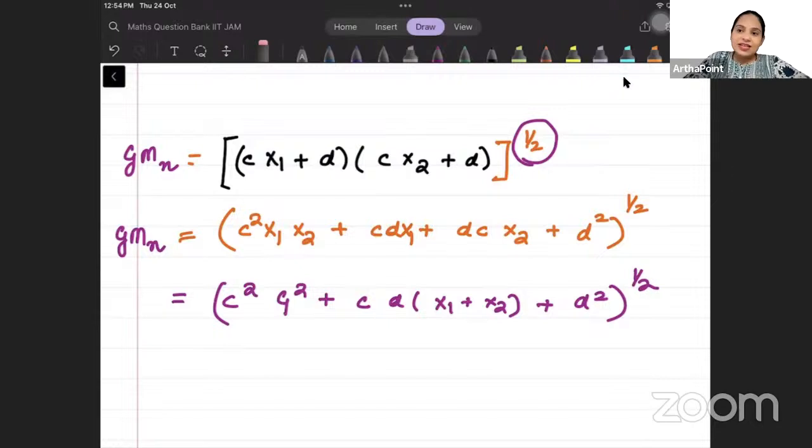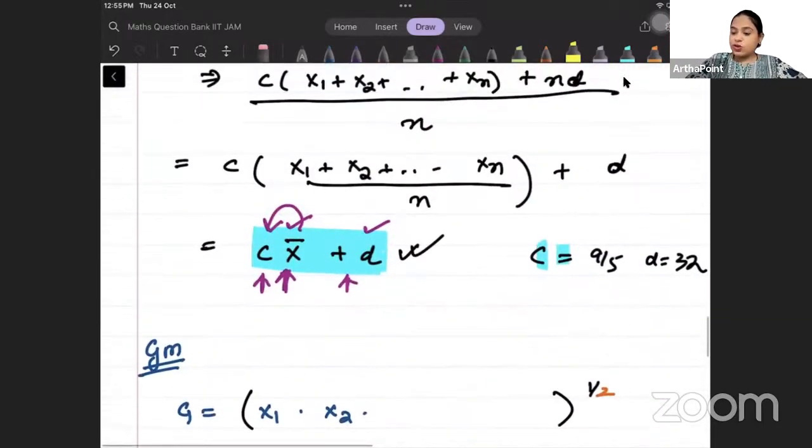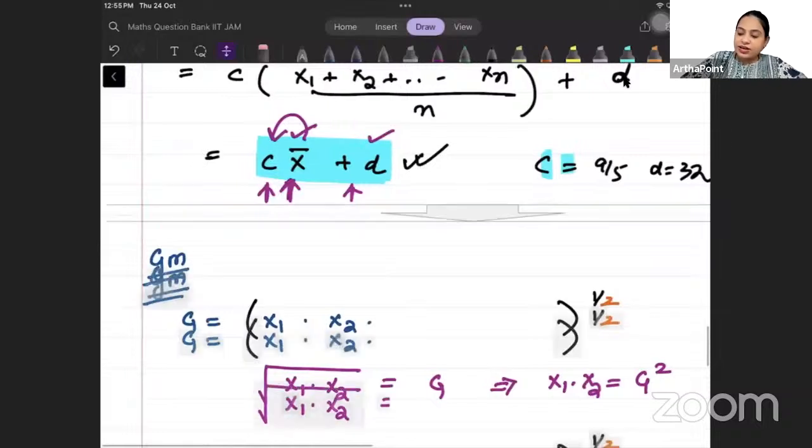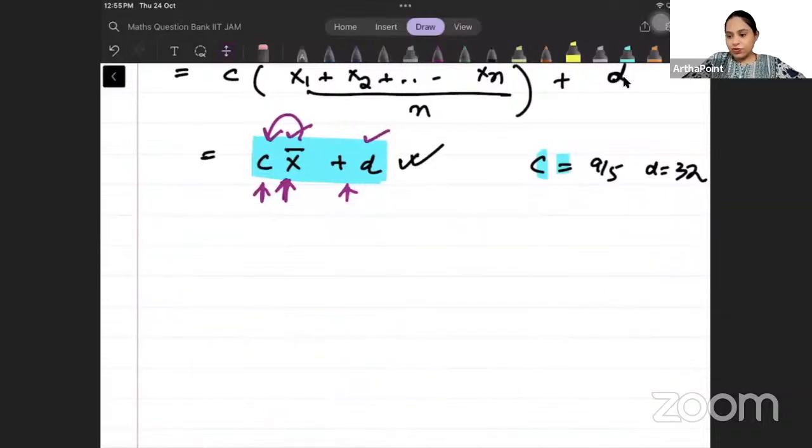And that is exactly what this means: it is not going to be that just using the original GM, you are able to scale that and add something to it and get the new GM, which is very much true when you do the new AM. So here conversion is easy, right?